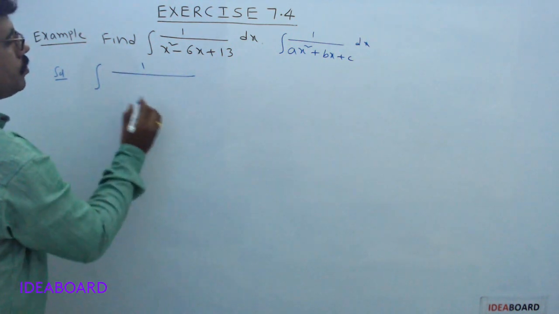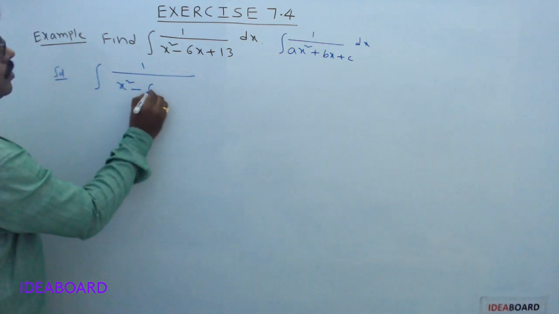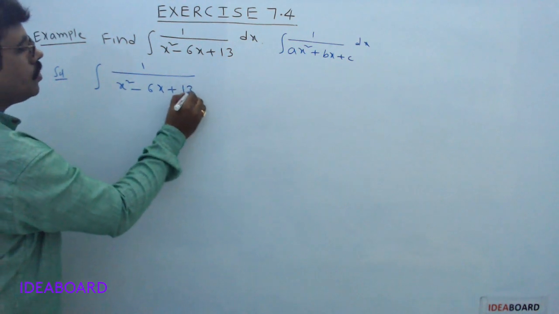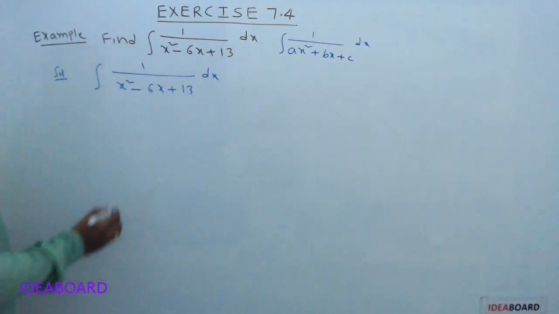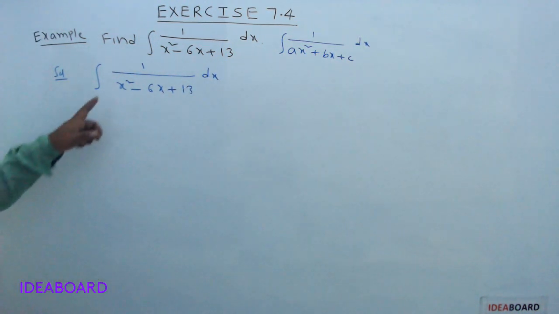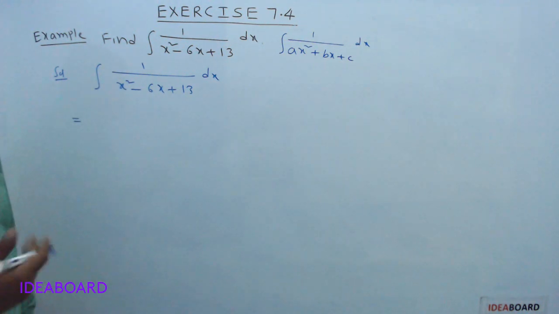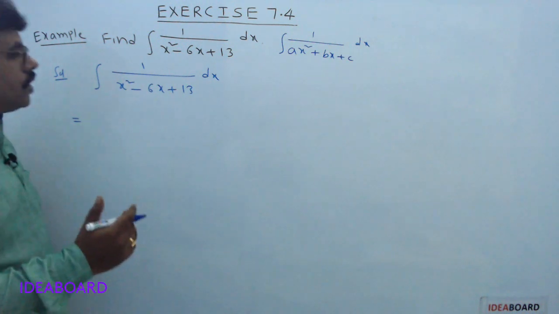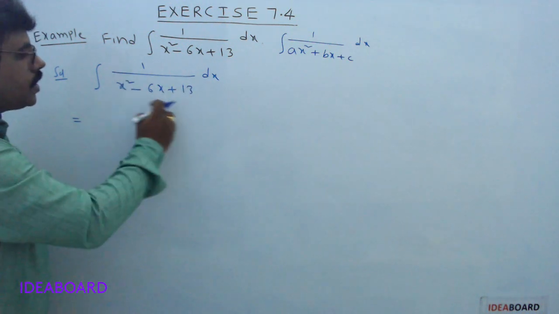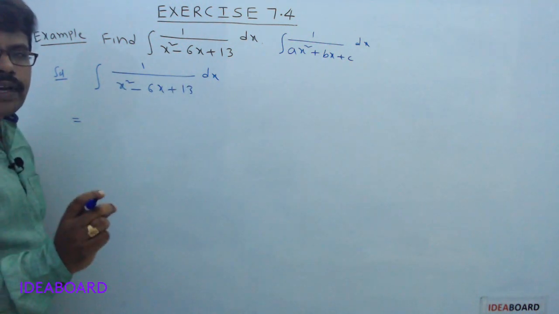Integral 1 divided by x square minus 6x plus 13 dx. Here the x square coefficient is already unity. Then what is our step 2? Try to make this denominator expression a perfect square.